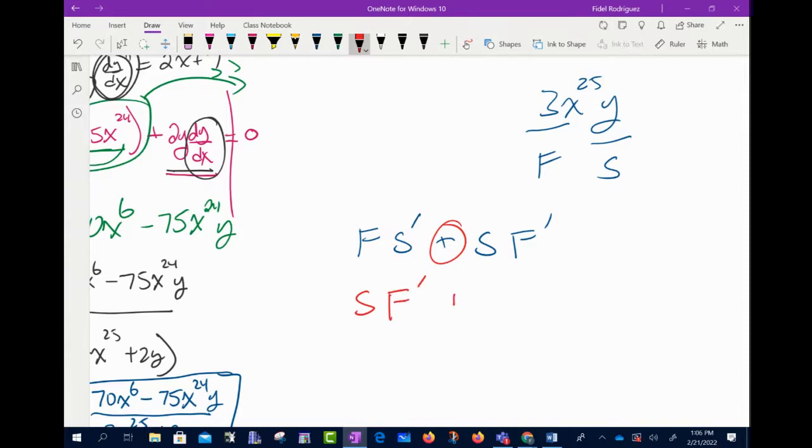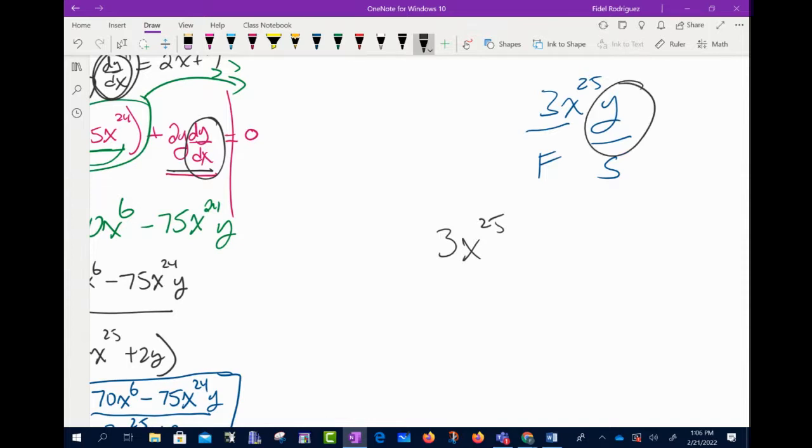Could I do it the other way and it be the same thing? Yeah. So with the product rule, you get to decide which one you take the derivative of first, but you take the derivative of one with the other by itself, and then the derivative of the other one with the first by itself. So when I did our problem here, I said let's take the first function, which in this case was 3x to the 25th, times the derivative of the second. The derivative of y is dy dx, right? Plus the second function times the derivative of the first.